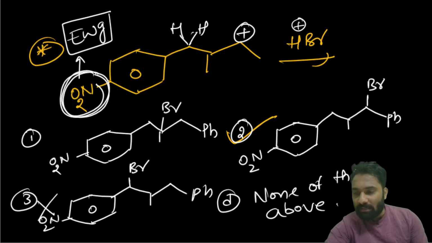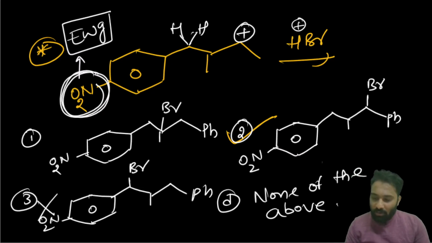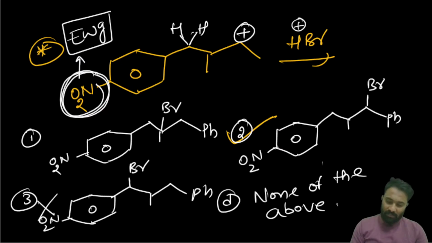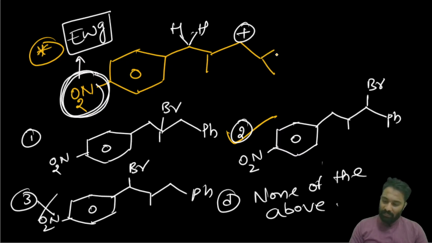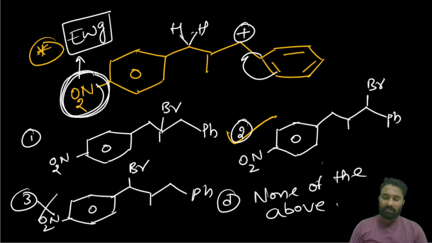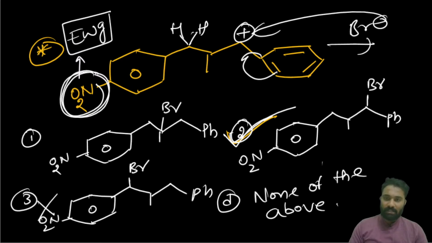Phenyl means benzene. Now this phenyl will stabilize this carbocation very fast. Then the Br minus will go and attack at this carbon. So option number 2 is correct.